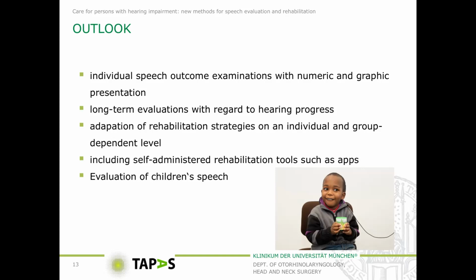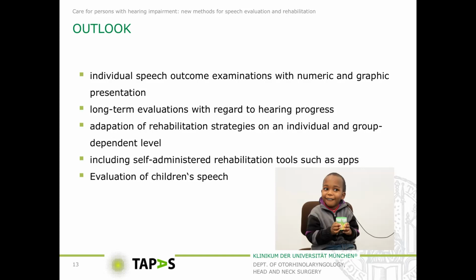For instance, if you see, like Thomas showed before, that mostly those phonemes that are not visible are affected, you might train them especially. That's something simple, but of course you might also perform some changes on the algorithm in the speech processor, meaning that you can provide better auditory information for the patients in order to increase the auditory feedback.